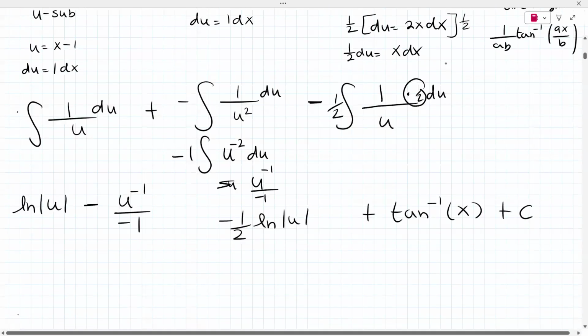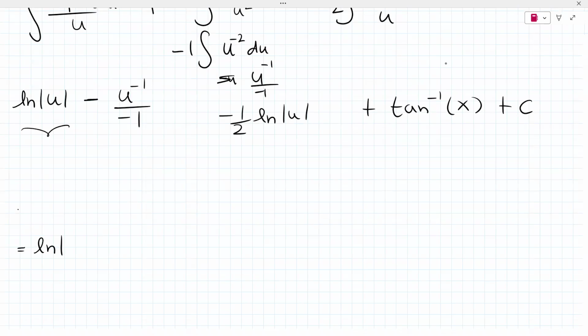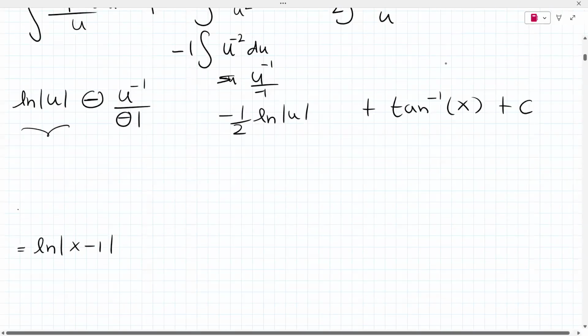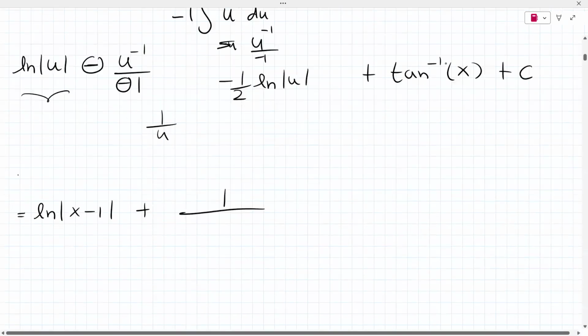So then you got to just clean it up a bit or replace your u. So your final answer is going to be ln of absolute value of u, which is really, for this one, absolute value of u, or u was x minus 1. And then over here, we have a negative and a negative, so we know that's going to be a positive. And then u to the negative 1 is really 1 over u. So it's going to be 1 over, our u was x minus 1.